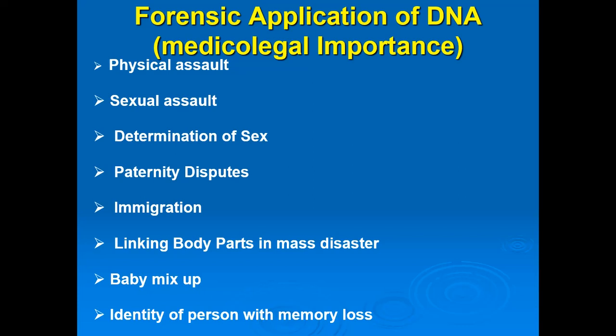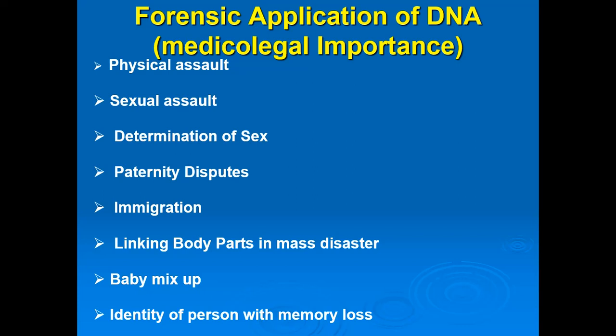Number 3, for determination of sex, as while we were discussing sex in parameters, I told you that there are some normal cases or clear cases, then there are doubtful or difficult cases to determine the sex. So their nuclear sexing is done and a DNA test can help.